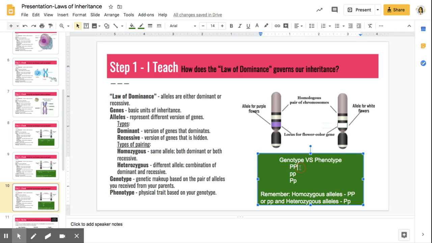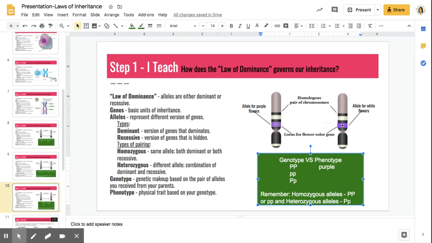All right. Now, for this version of genotype, homozygous dominant, it's a pair of alleles having both dominant allele, which is purple, automatically the phenotype would be purple. Okay? So if both alleles in this locus are dominant allele for purple, then the color of the flower will be purple.